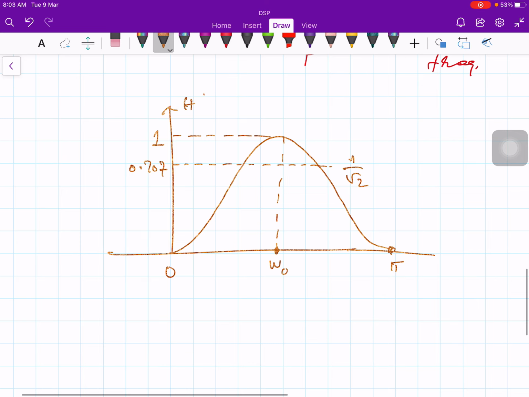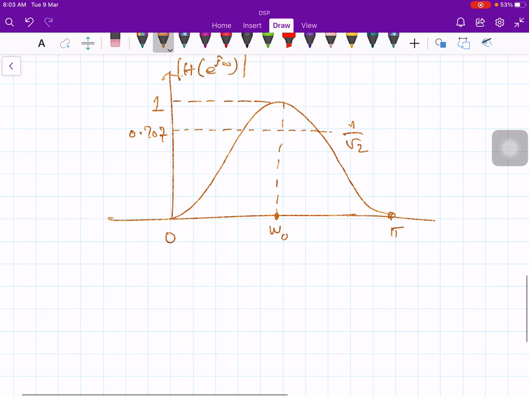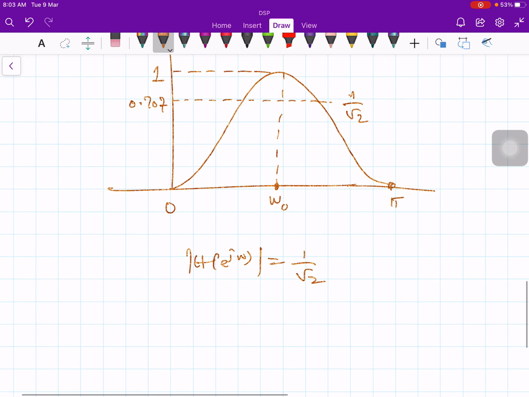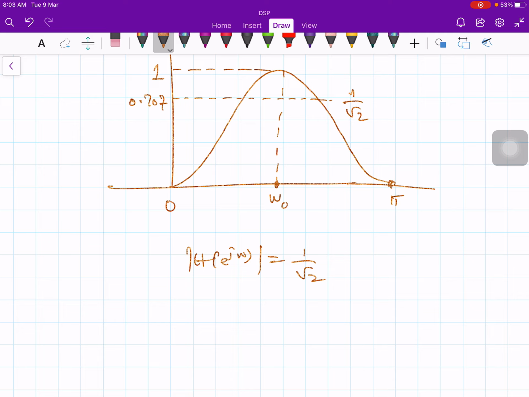This is my magnitude of h of e to the j omega. Now you set the magnitude of h of e to the j omega to 1 over root 2 and solve that. Okay, and it cuts this point and this point. Let me call this frequency omega 1 and this frequency omega 2.